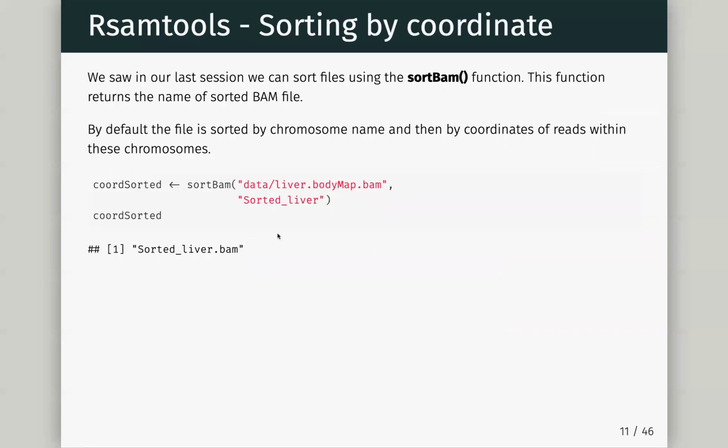Without any other definitions, we just need to give it our BAM file. Remember, we give it our output prefix. This is annoying, but it's going to add .bam to whatever we put here. What is nice is sort BAM returns the name of the file it creates, so we don't need to worry about this too much. We get back the name of the file it's created, sorter_liver.bam.